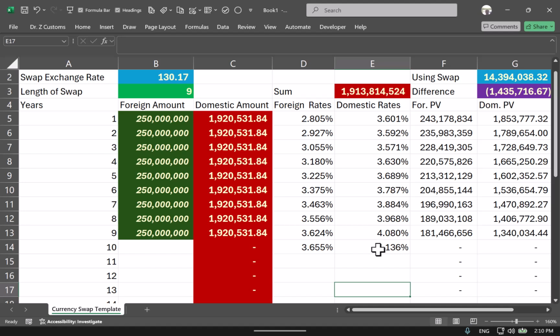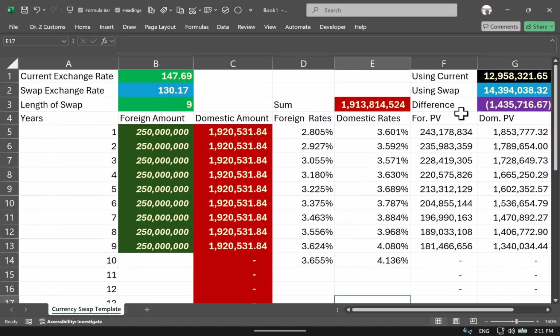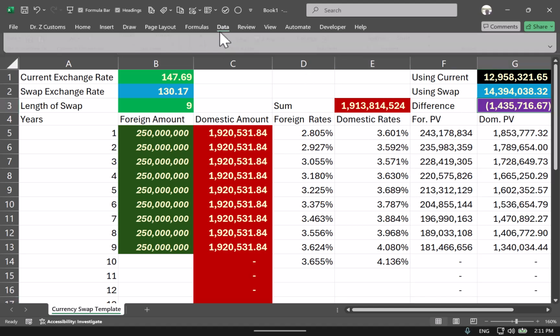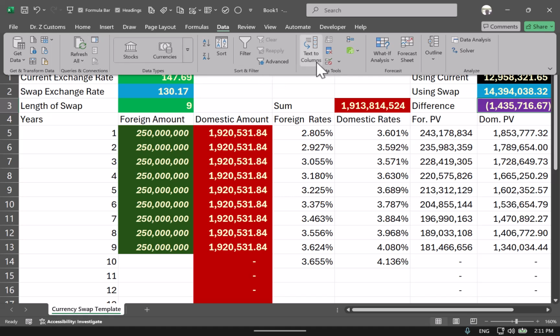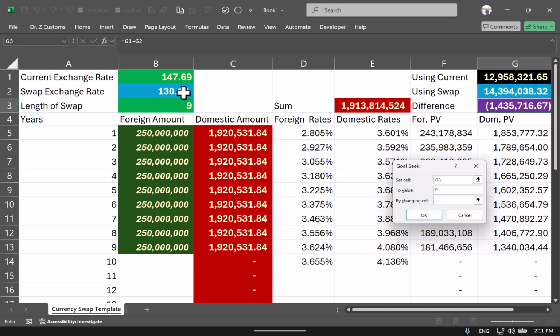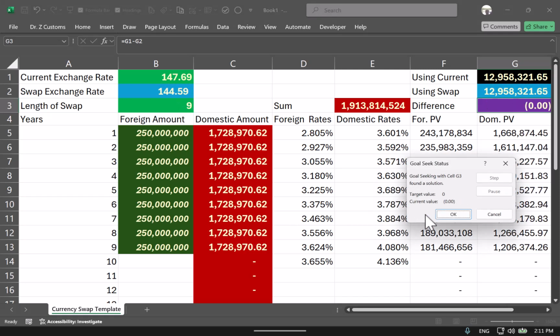Suppose the US interest rates remain the same, but for whatever reason, Japanese interest rates went up by that much. And now the proper rate is 144.